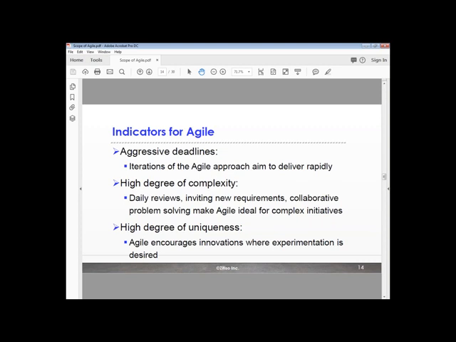Is it going to require complex problem solving? Do we know all the requirements up front? If I know all the requirements up front, if it's not highly unique and it's not complex and challenging, then I'm going to say, you know what, I can just use a traditional development approach. We don't have to bring in the big guns for this. We can just keep doing what we've been doing for a long time.